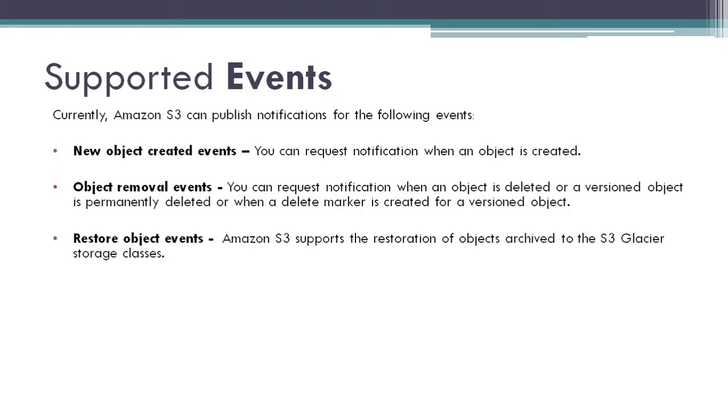Restore object events: Amazon S3 supports notification of the restoration of objects archived to the S3 Glacier storage class. Suppose you have some objects in S3 Glacier and you want to get notified when they get restored from Glacier, so you can select this event.